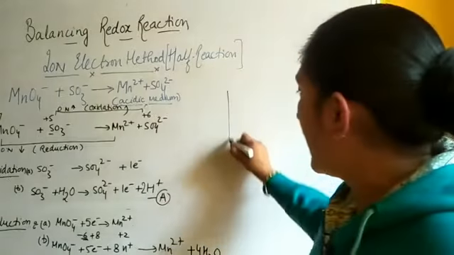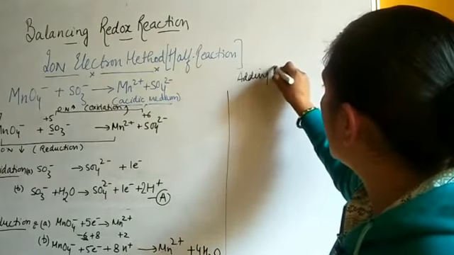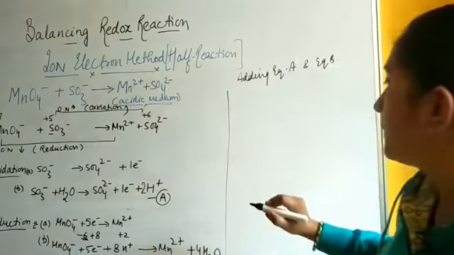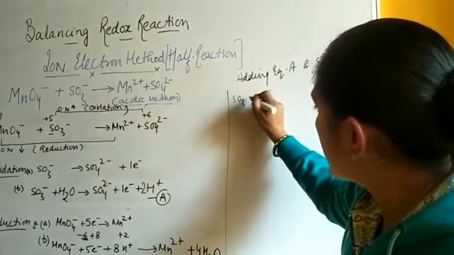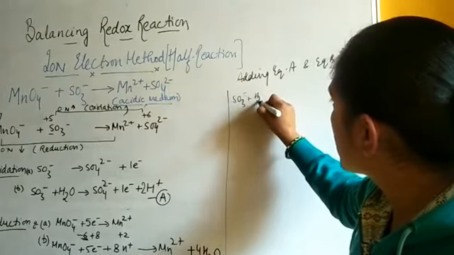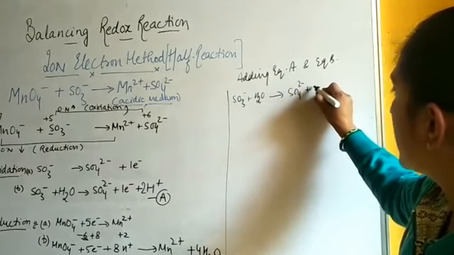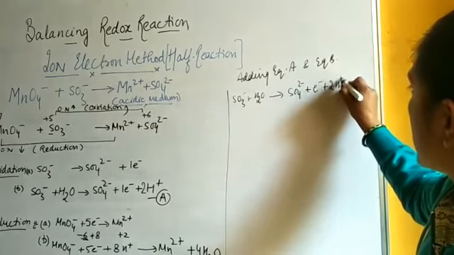Now we are going to add these two equations, adding equation A and equation B, right? We are writing first the oxidation: SO3 negative plus H2O gives SO4 2 negative plus 1 electron plus 2H positive.